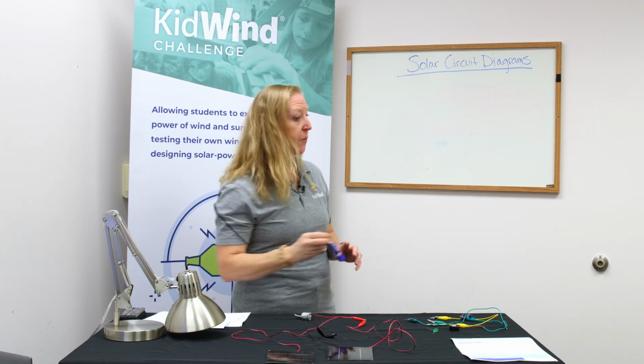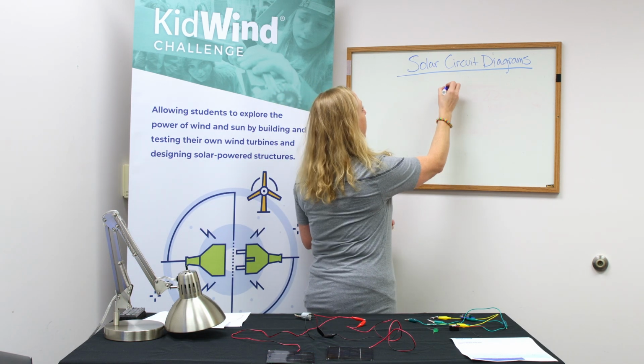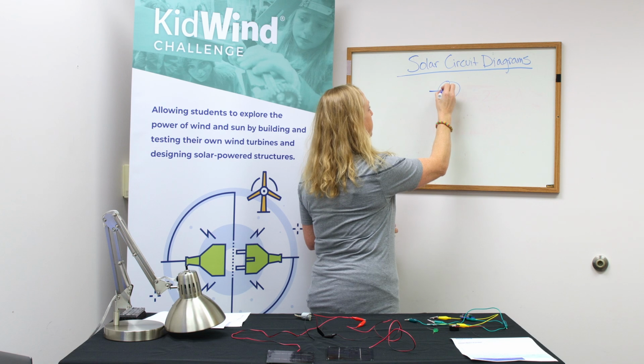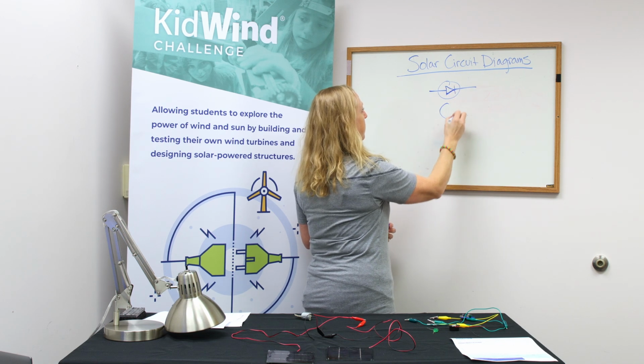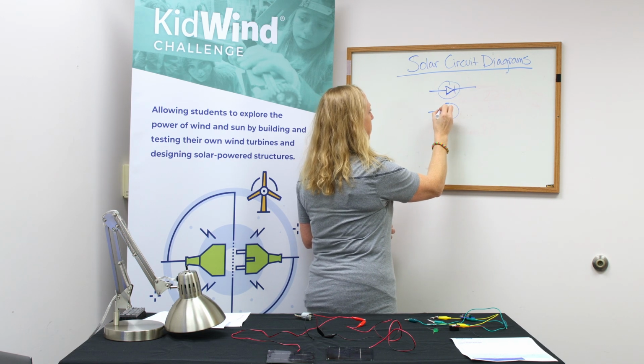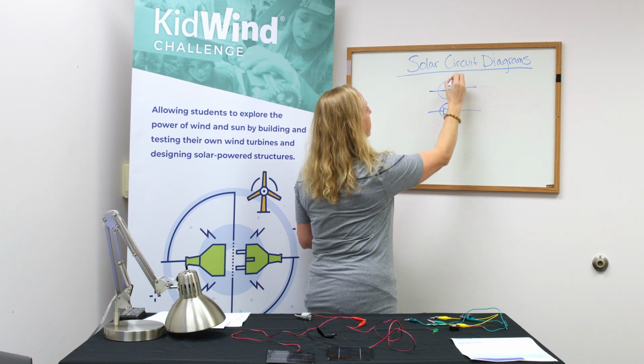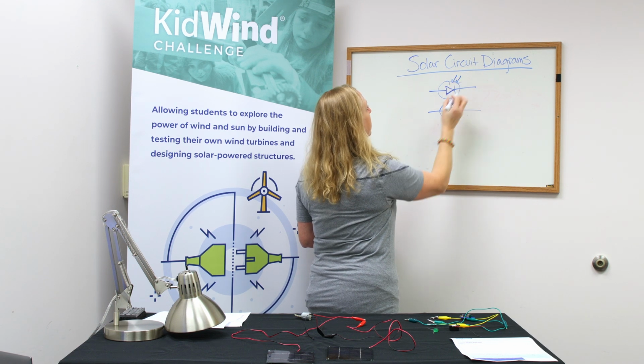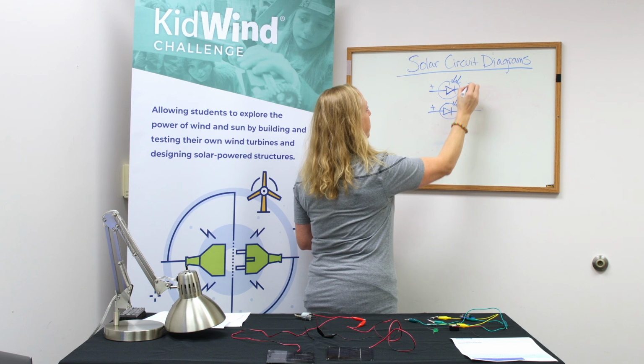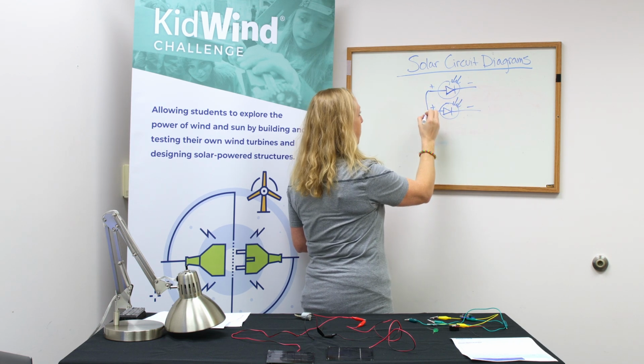Okay, so how do we diagram that? So we need to have now 2 of our solar panels. All right, with power going in, that's our solar panel. We have to indicate our positives and our negatives. Now these 2 are connected together.